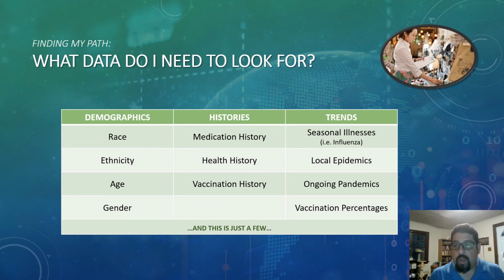Maybe this area has a lot of methamphetamine users. So those are local epidemics that you might be looking for. We're going to be looking at ongoing pandemics. The one that we know about right now, happening in 2020, 2021, is COVID-19. So that's an ongoing pandemic. HIV and AIDS have been an ongoing pandemic since the 1980s.